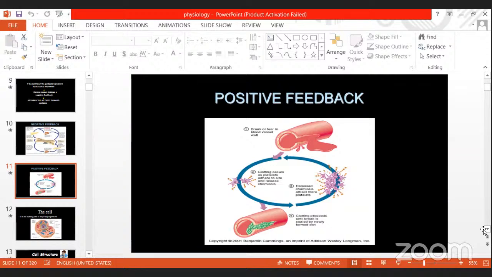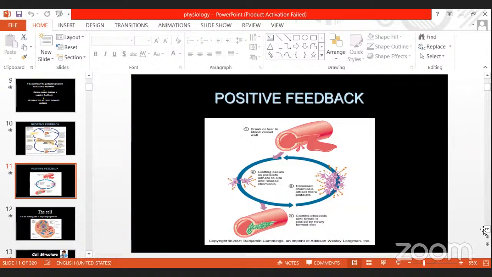If there is a tear of the blood vessel, the clotting factors will reach there, and a cascade of reactions will happen. More and more proteins and chemicals will be released, and it will seal the wound. Till that sealing process happens, the action will be increased. That increasing mechanism is the positive feedback mechanism.